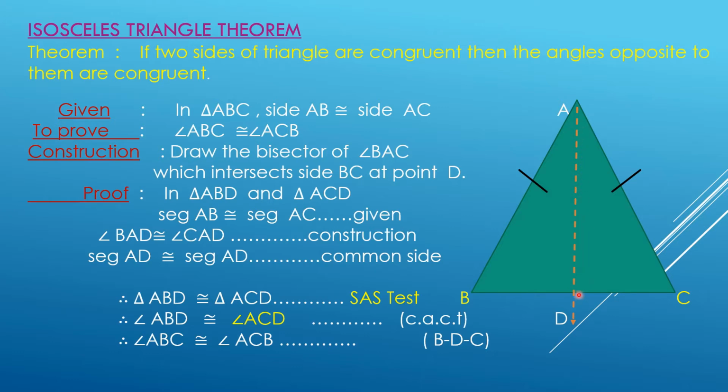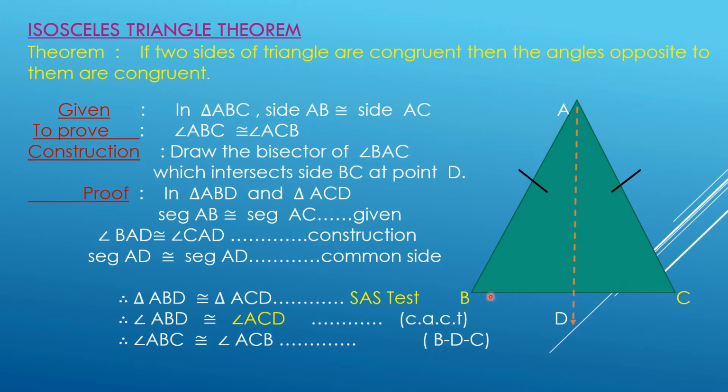By which test are these two triangles congruent? This is the side, and this is the angle, and this part is also a side. Therefore by SAS test, triangle ABD is congruent to triangle ACD. And then angle ABD is congruent to angle ACD by CACT.